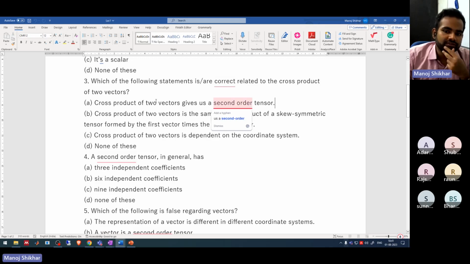False, because vector is a first order tensor. Cross product of two vectors is same as the product of a skew symmetric tensor formed by the first vector times the second vector. Yes, this is also true. I showed this skew symmetric matrix which we form using the components of the first vector. And the cross product of two vectors is dependent on the coordinate system. This is false.